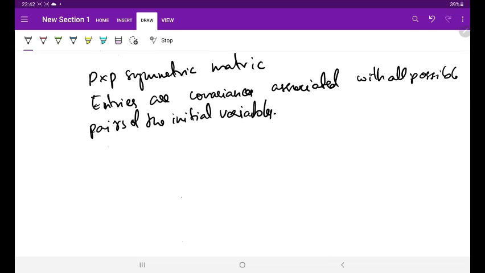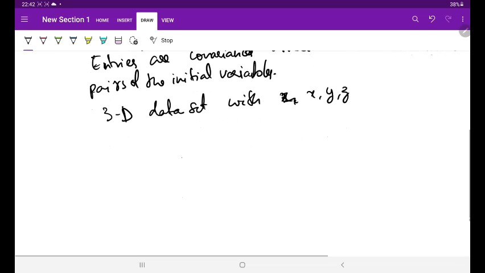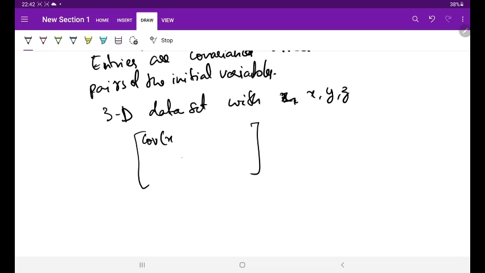For example, for a three-dimensional data set with three variables x, y and z, the covariance matrix will be a 3 by 3 matrix, with the covariance of each variable with itself on the diagonals and all other possible combinations in the other places.